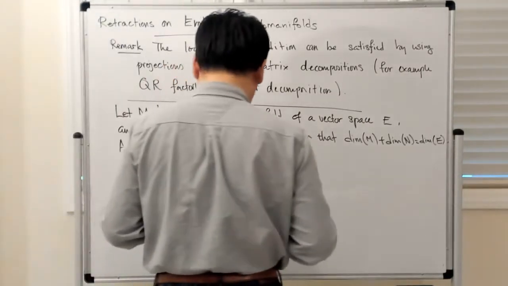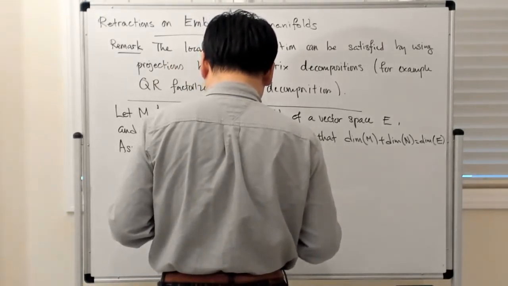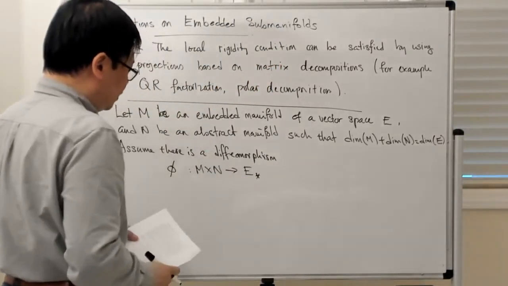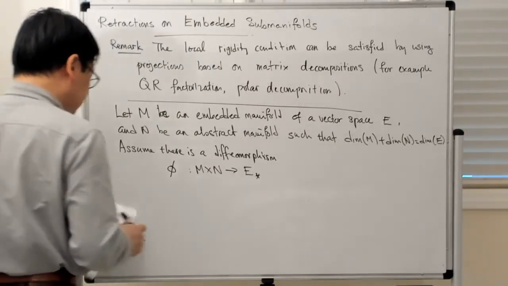And here I'm just going to map it to E star, which is just some sort of open subset.